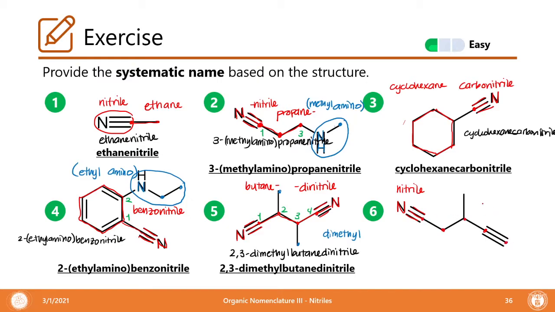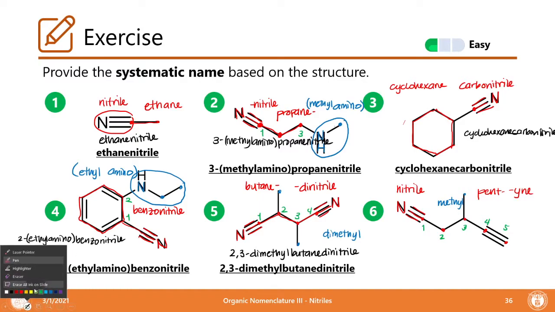So we have a pent. Okay. And then at the end we have an alkyne, pentyne. Okay. And then we have a substituent, which is methyl. Okay. Now let's do locant numbering to get 1, 2, 3, 4, and 5.